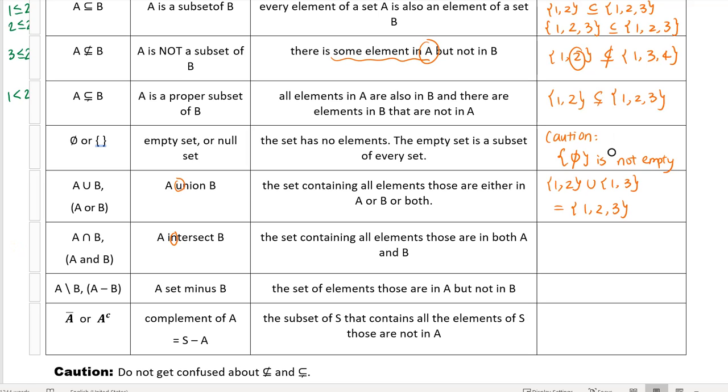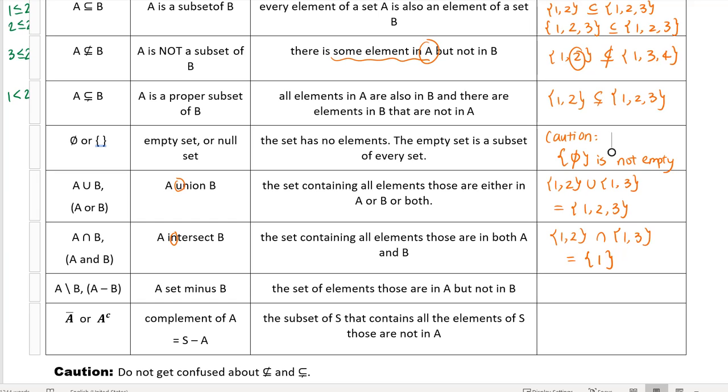So it's A and B. This is the set containing all elements that are in both A and B. So you're looking for the common elements that are in both sets. Any guess what is {1, 2} intersect {1, 3}? Which one is the common element? The element 1. Right, everyone?